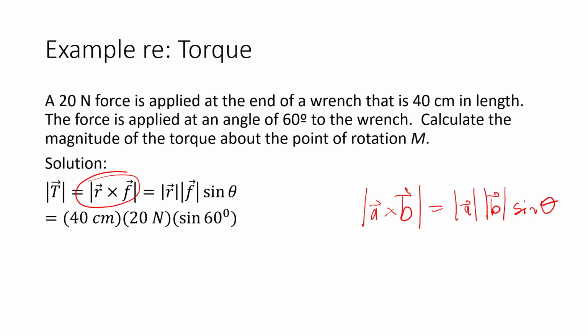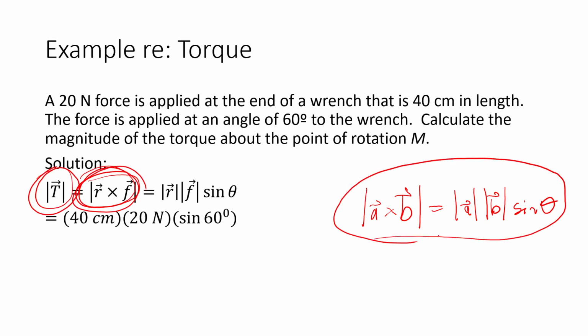So since torque is equal to r cross F, therefore the magnitude of torque is equal to the magnitude of r cross F. Using this principle right here, we can say that's equal to the magnitude of r times the magnitude of F times the sine of the angle in between them. Well, the magnitude of r is 40 centimeters, the magnitude of F is 20 newtons, and the sine of the angle in between them is sine 60 degrees.